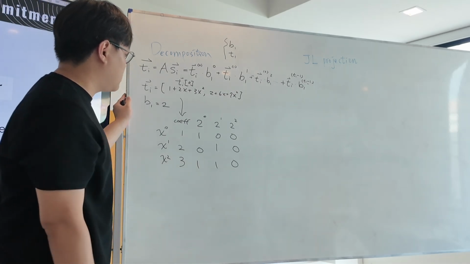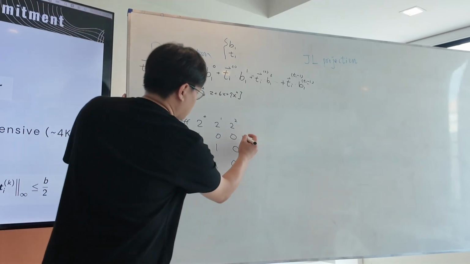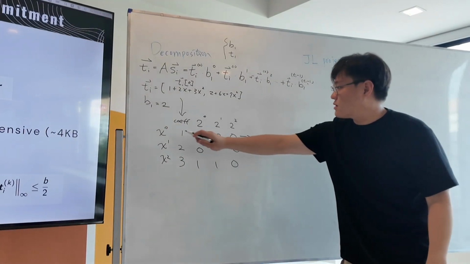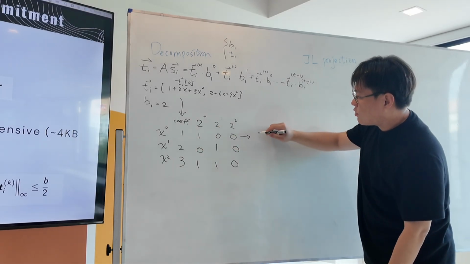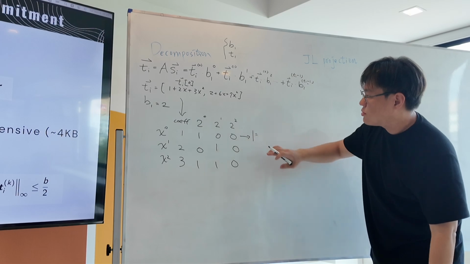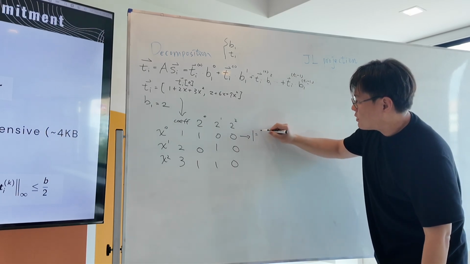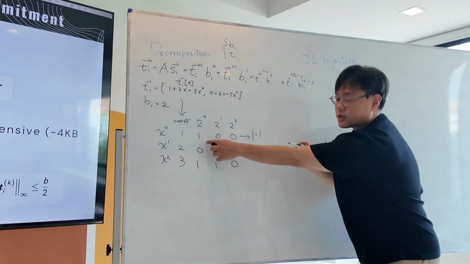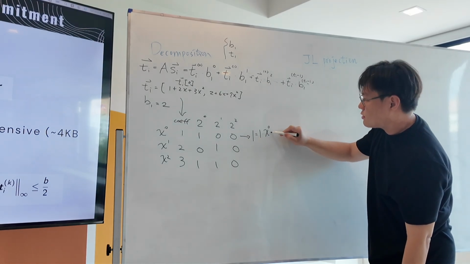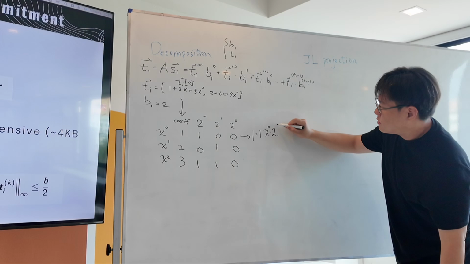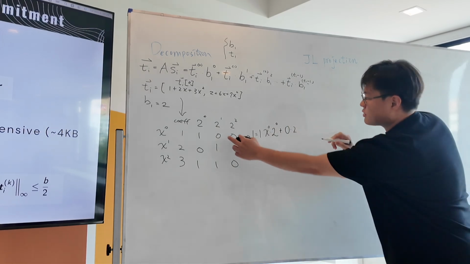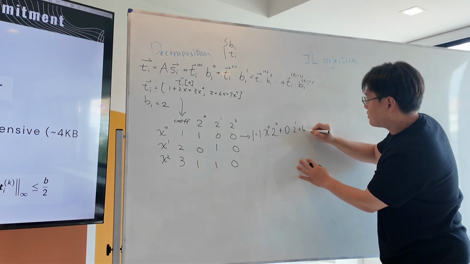And we can consider this as another form. 1 equals this 1, so 1 times x to the 0, and the 0 I'll just represent as 0.